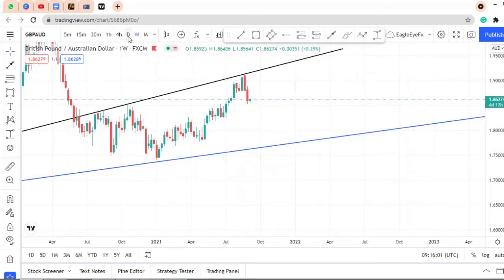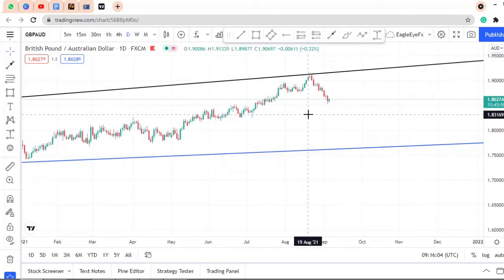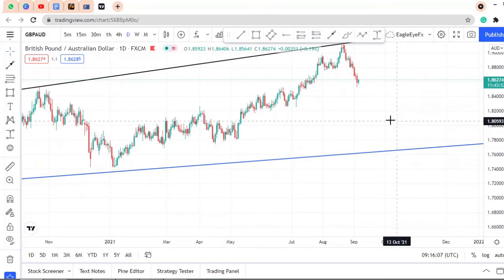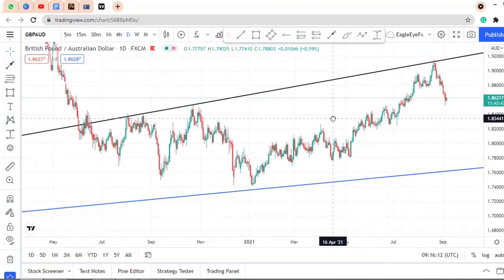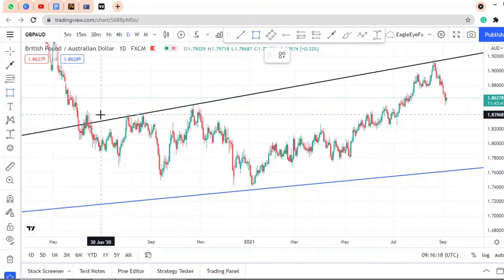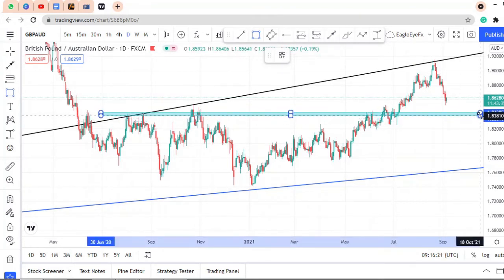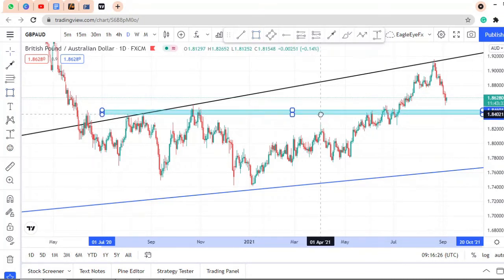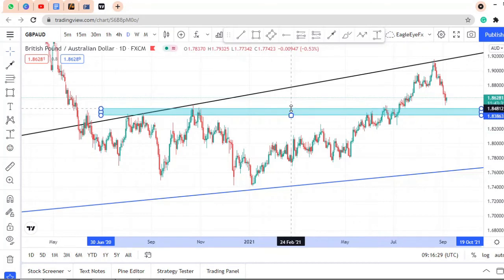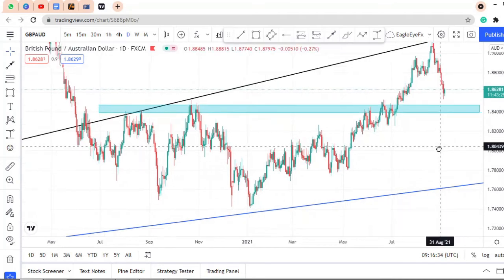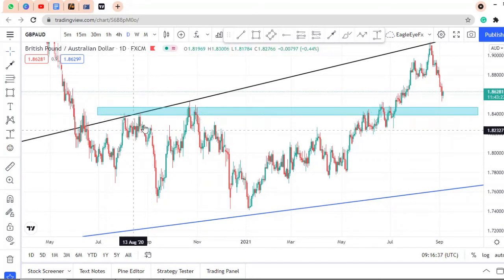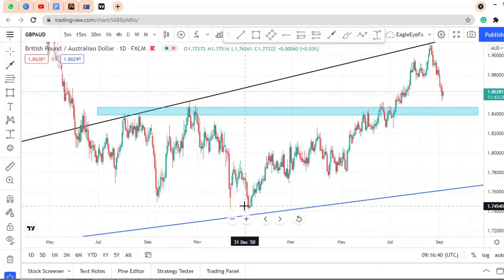All right, so let's go to the daily time frame. From the daily time frame, as you can see, this is really a downward trend. Okay, it's really been on a downward trend. Now what we can do is here, I see a level here, there's a zone here, and as you can see, there was a rejection here, a double top to the down.